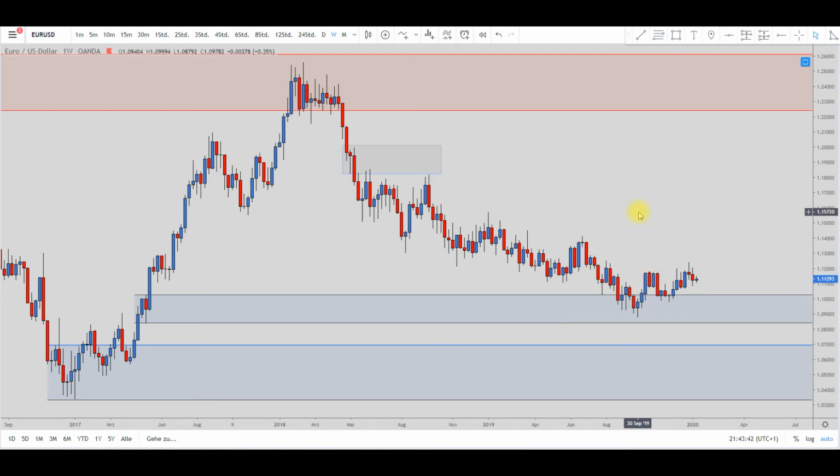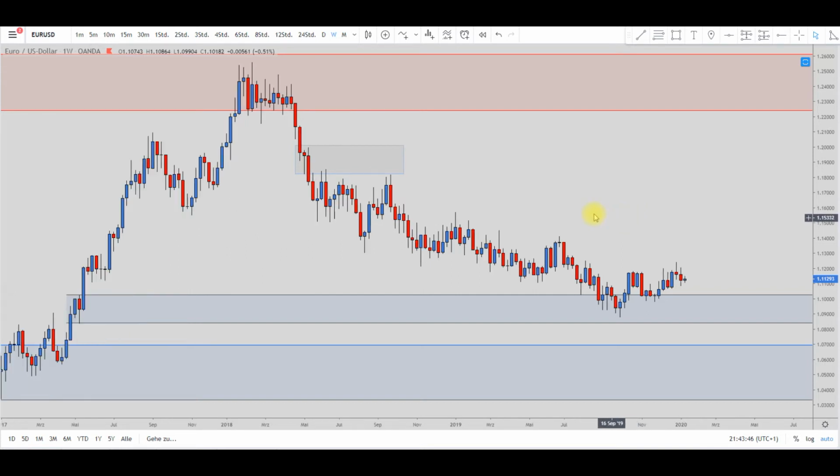All right, so now let's see what else we have to mark in here. We've marked primary levels so far. I'm not going to go into the difference between the primary and the secondary level today. I'll do that in the following videos while doing my weekly analysis.